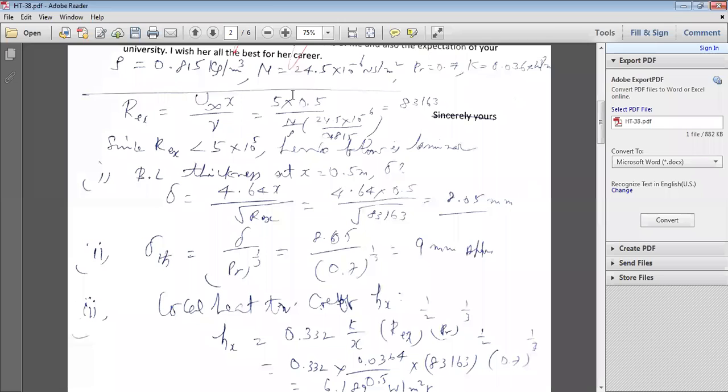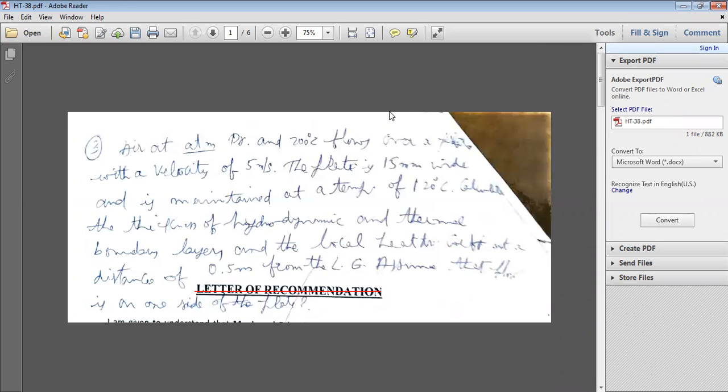Next, first and foremost step, you have to note down the properties of this air at the bulk mean temperature. How do you calculate bulk mean temperature? 200 plus 120 divided by 2.